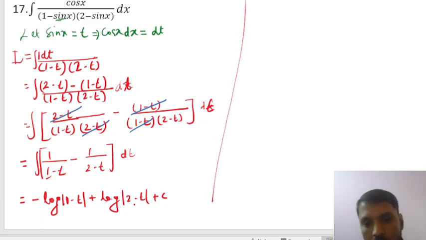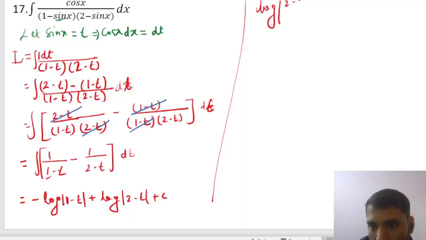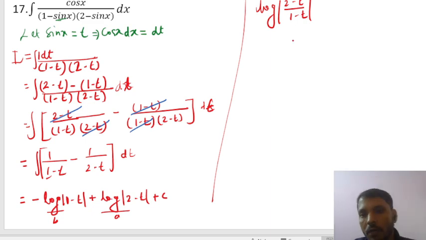Now we can apply the properties of the log: log a minus log b is log of a by b. Considering this is a and this is b, it will become log of (2 minus t) divided by (1 minus t), plus c.